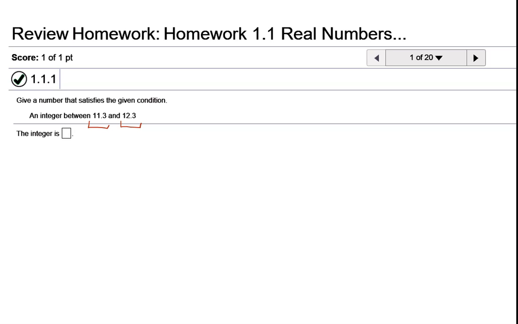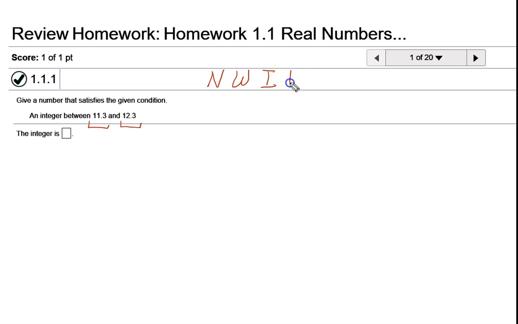I'm going to go over the sets of numbers that we've used in our flipped classroom video. We said the first set of numbers were the natural numbers. The next set were the whole numbers. Next set were the integers. This is the one we're looking for here.